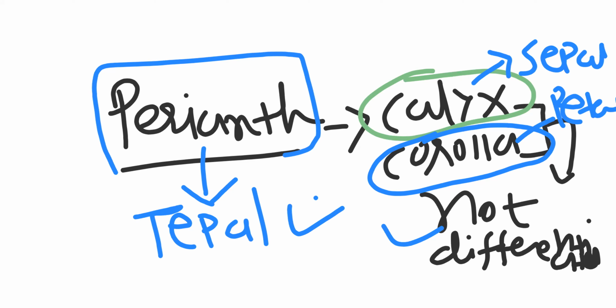See, in the corolla, remember one more thing. When petals fuse with each other, they form a tube-like structure, or else a bell-shaped, funnel-shaped or wheel-shaped structure.